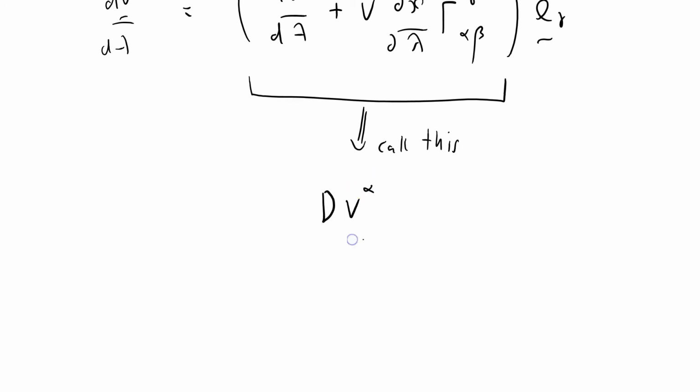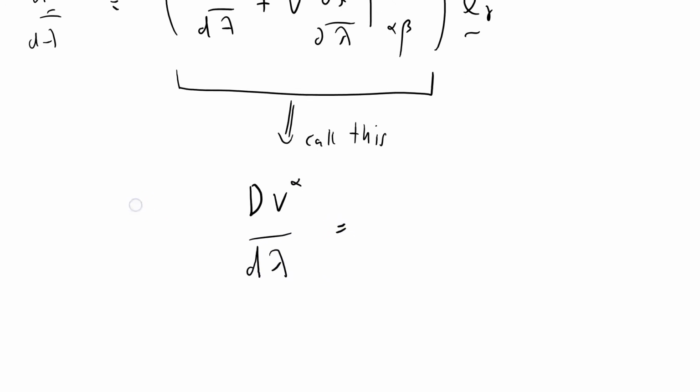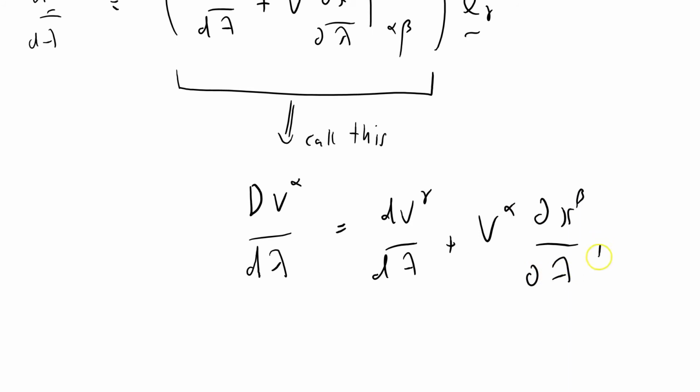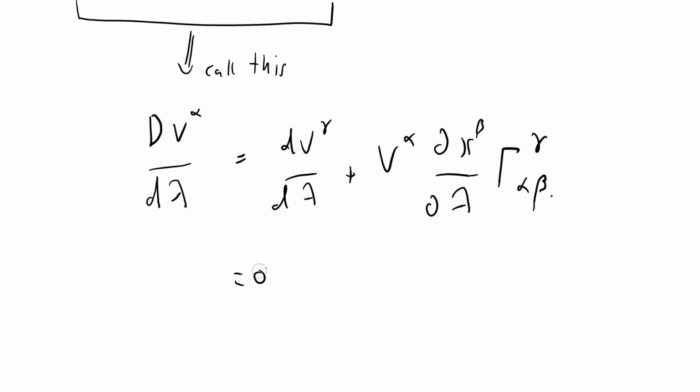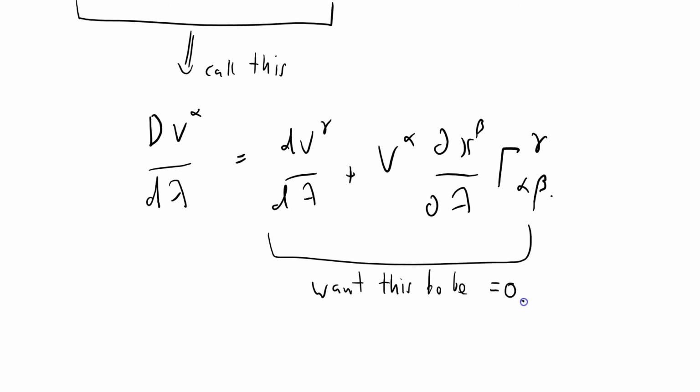Call it alpha by d lambda, and that thing is equal to dv gamma by d lambda plus v alpha dx beta by d lambda times the Christoffel symbol. And we want this to be equal to 0.